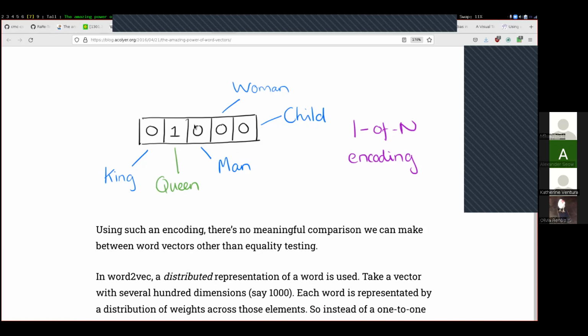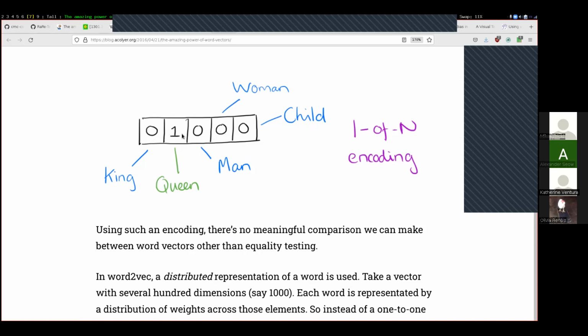The upside to this is that it's super easy to do. The downside is that the vector here has no semantic meaning. If you were to calculate the Euclidean distance from one word to the next, they would all be exactly equidistant from each other.